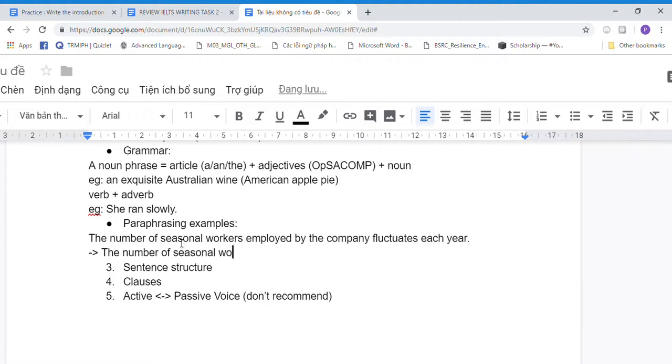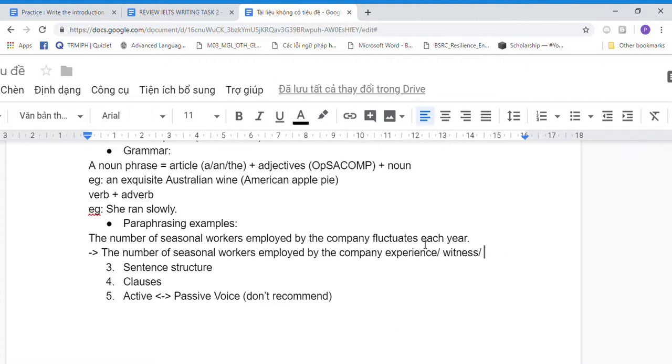Seasonal workers employed by the company experience or witness.